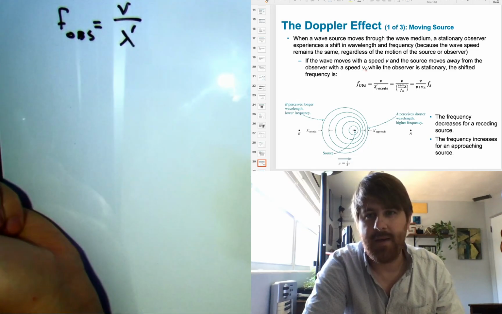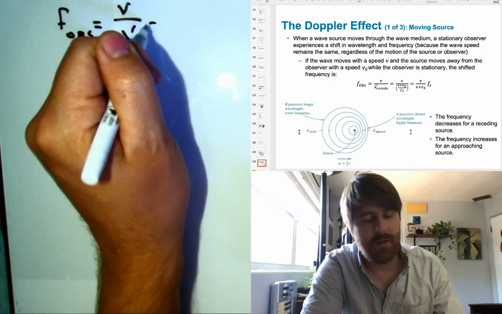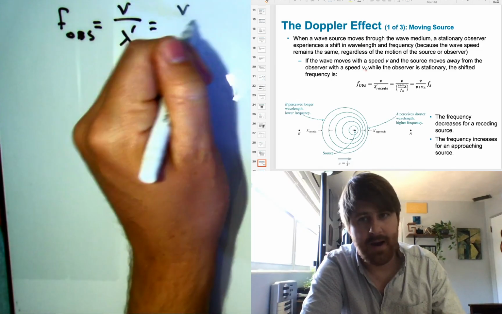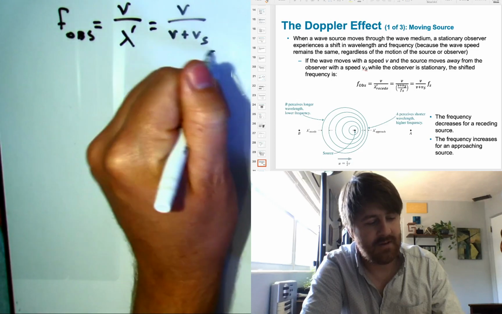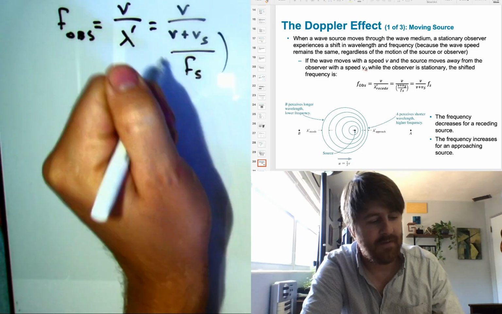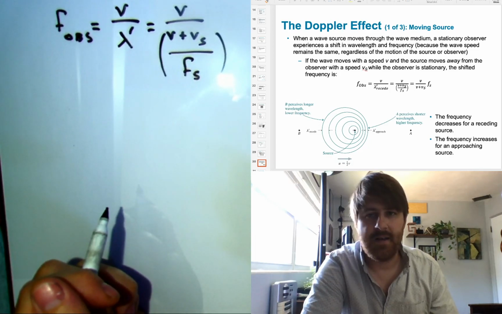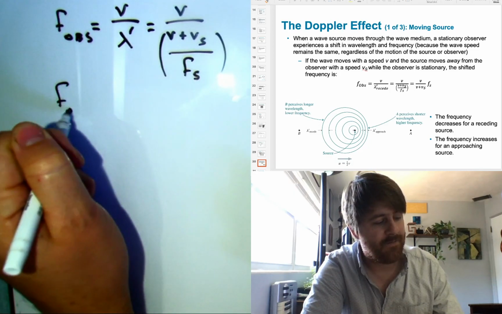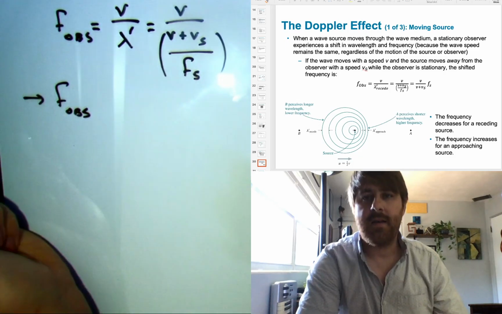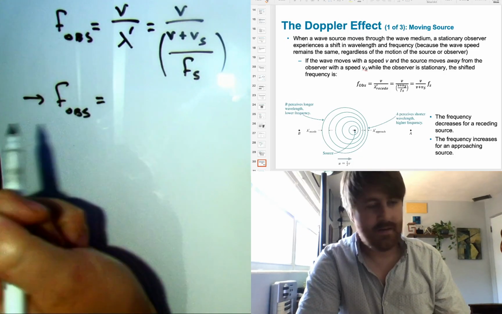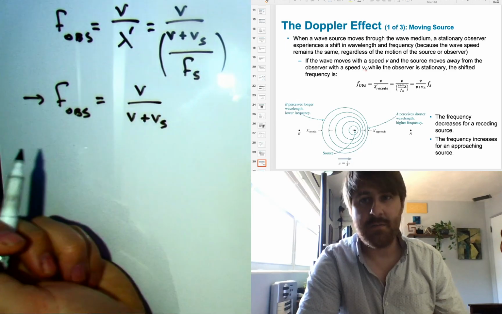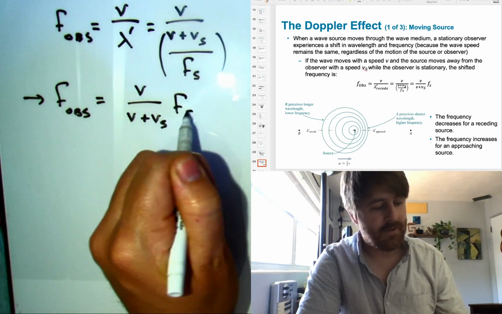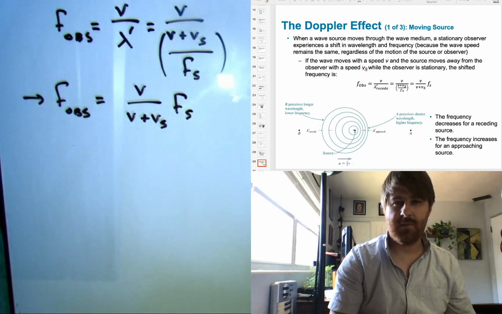We'll call it lambda prime, the lambda behind them. Well, the wavelength is different by v plus the velocity of the source divided by the frequency of the source. Okay, so that means that the observer hears a frequency which is smaller than the frequency of the source. It's a lower pitch. Right?